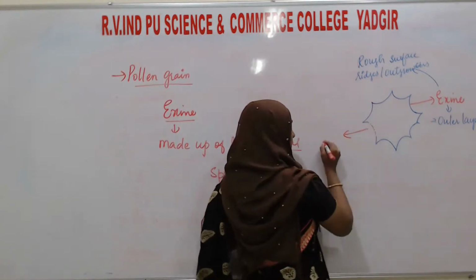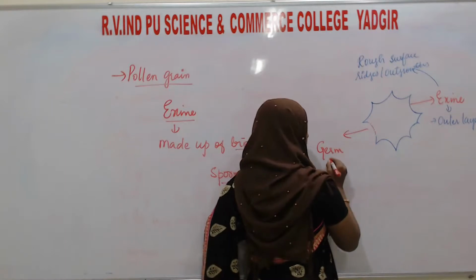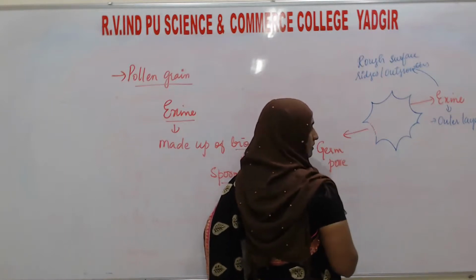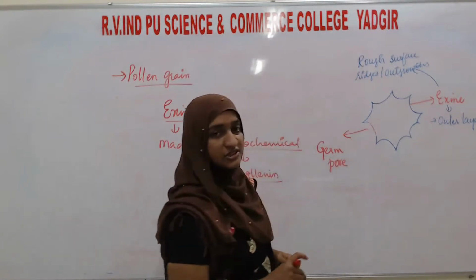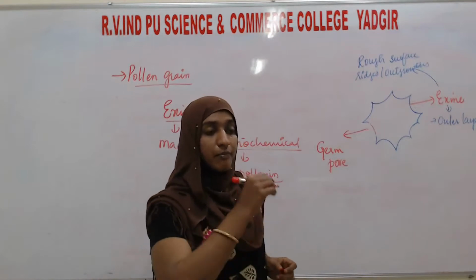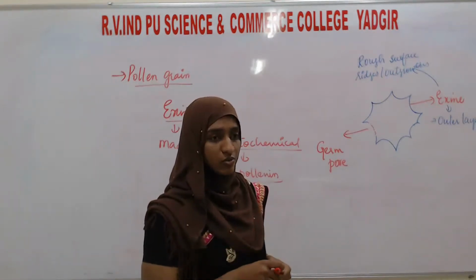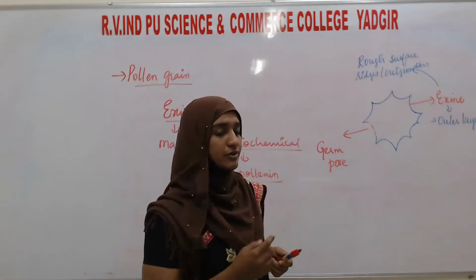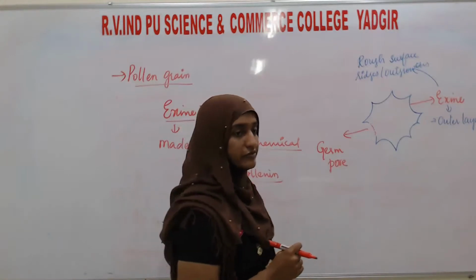This region is known as the germ pore, from where the pollen tube is going to emerge out. About the pollen tube you will come to know in further topics.